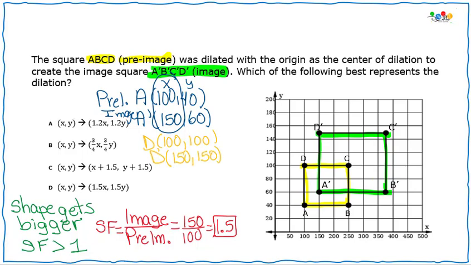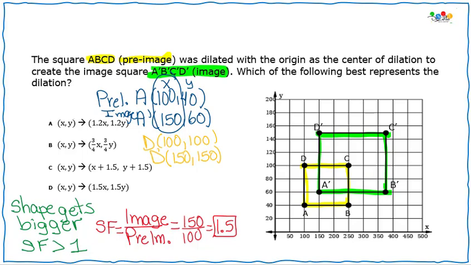So if you notice, on the X value it's exactly the same as the coordinates I have for A. So it's not really going to help me too much, right? Because I'm going to get exactly the same answer.